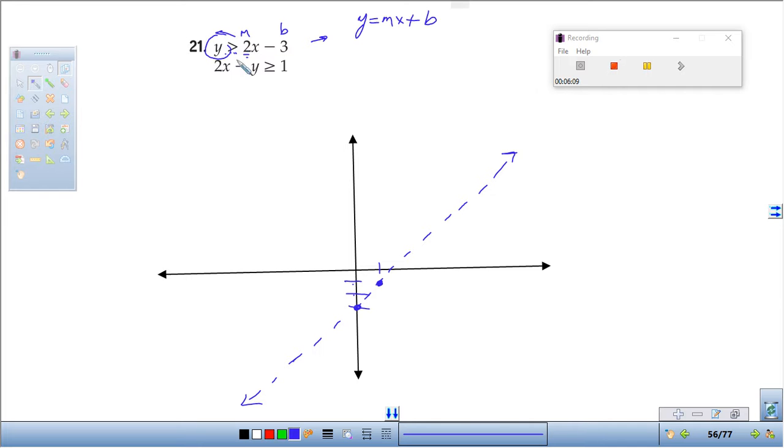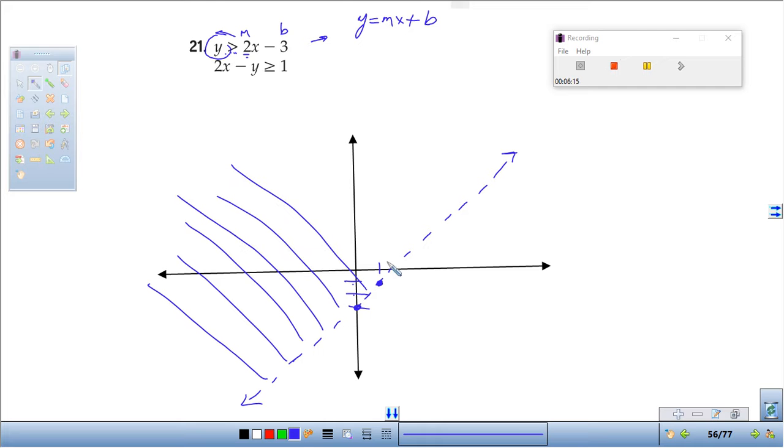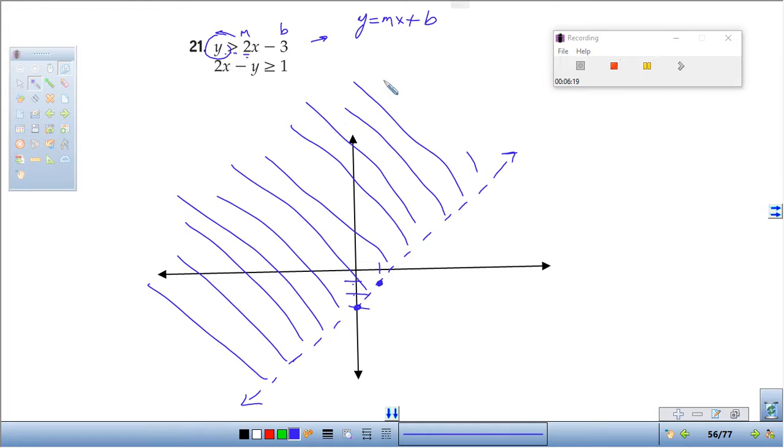It says y's are greater. I'm going to show you this way. Okay. So now that it's shaded on that side, let's approach the second one.